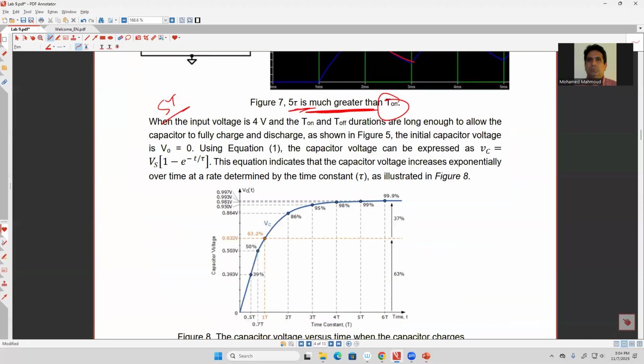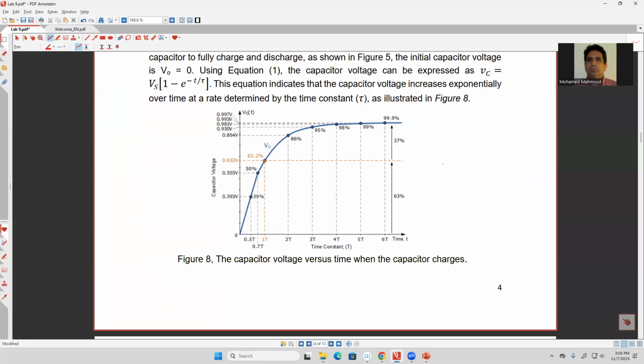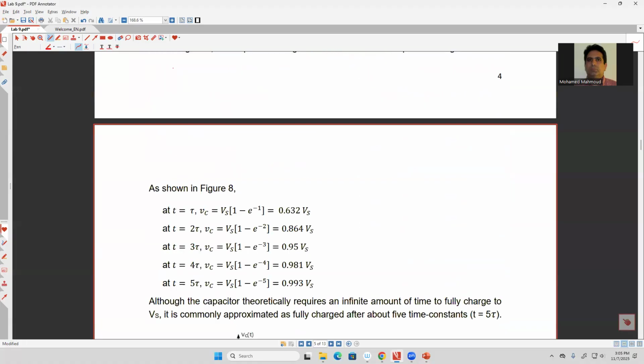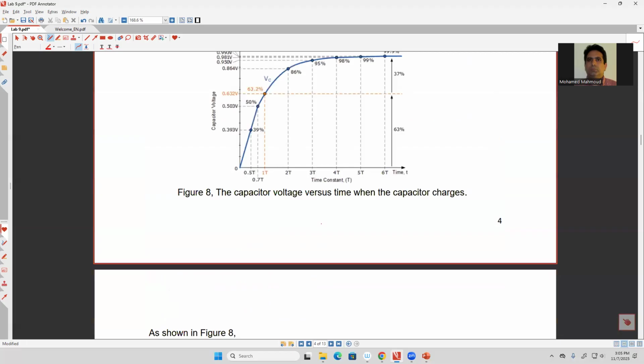One very important thing, because we are going to use it in this lab, as I told you in the lecture, guys: if you use the equation from the math, you can find something very interesting. After 1 tau, the capacitor voltage will reach 0.632 Vs. That means the increase from 0 is 63% after 1 tau.